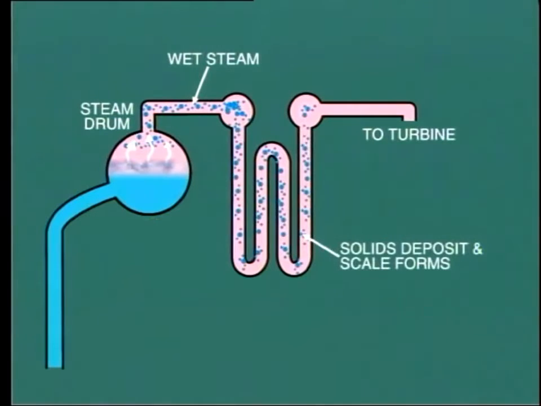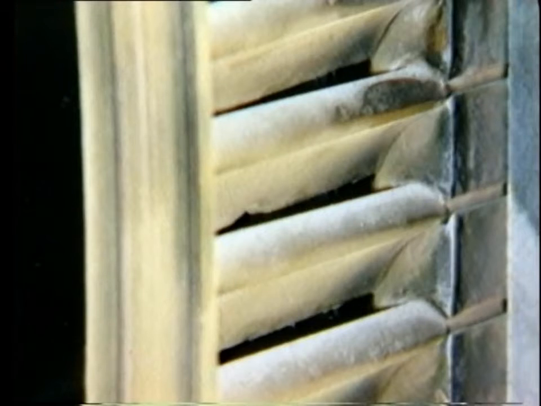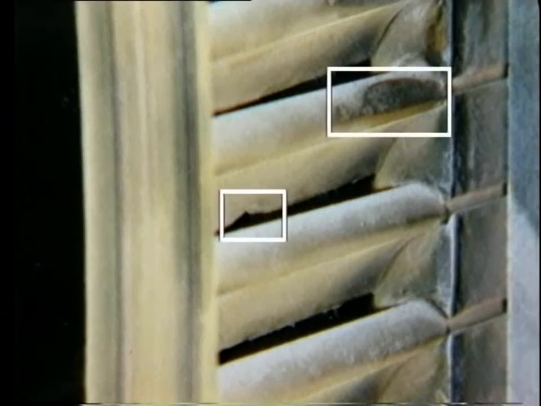The result is that water is carried on through the superheater, possibly depositing solids and forming scale on the inside of the superheater tubes. The water droplets may also pass along with the steam into the turbine. Here, the water and solids material can cause considerable damage when striking the rapidly rotating turbine blades.